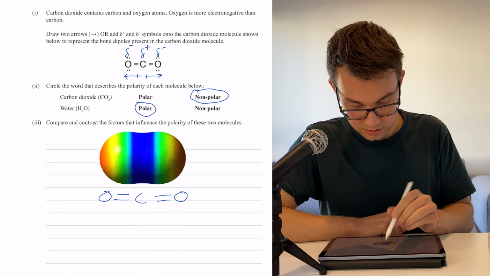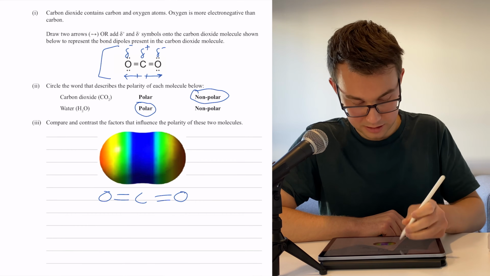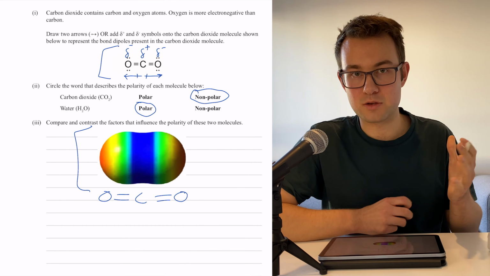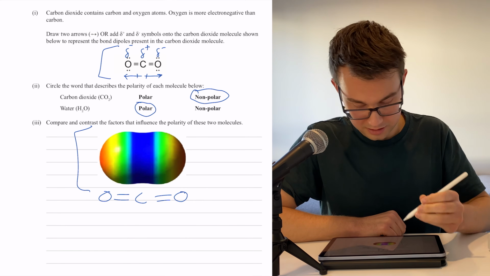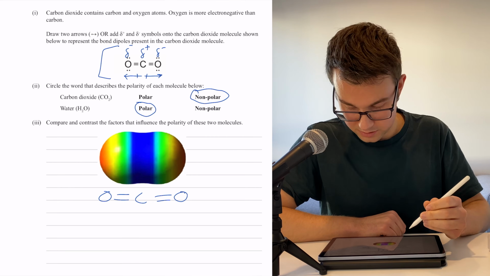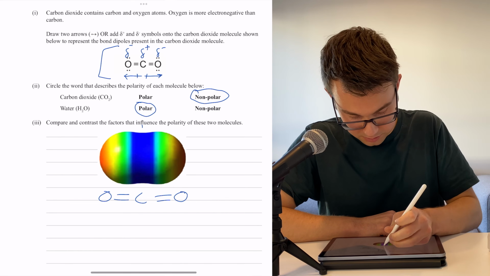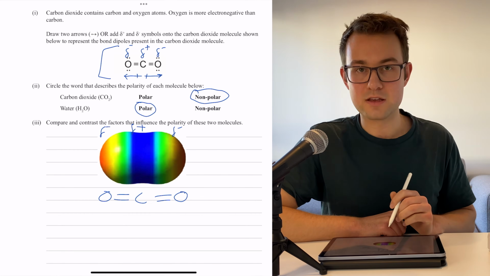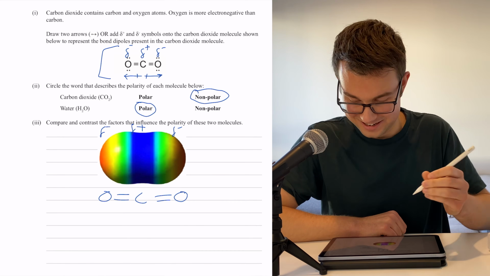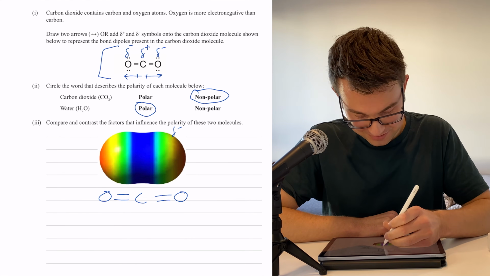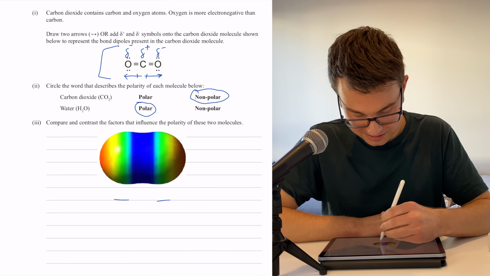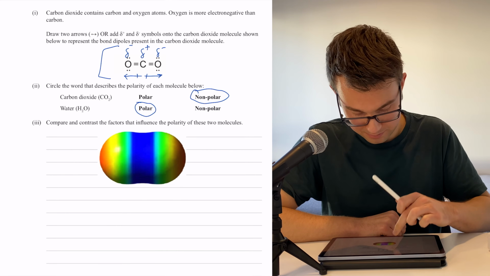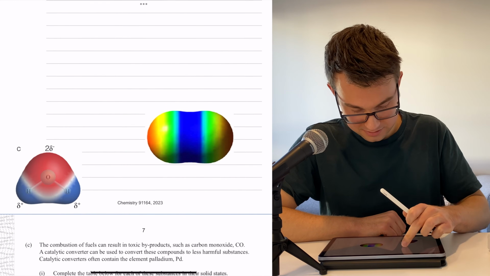So this is sort of what you're looking at in this diagram here, but with computer modelling. So that tracks. This is slightly positive, and this slightly negative on that side. And now it looks like a bean. Okay, that was fun. Let's answer the question.